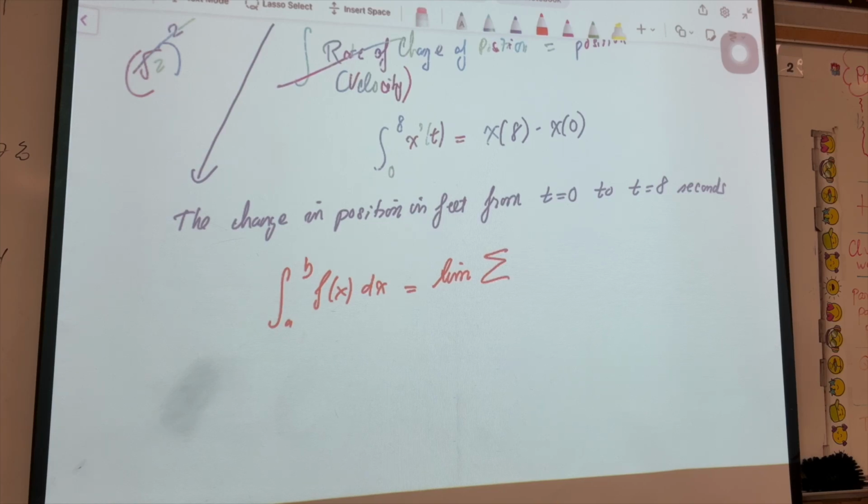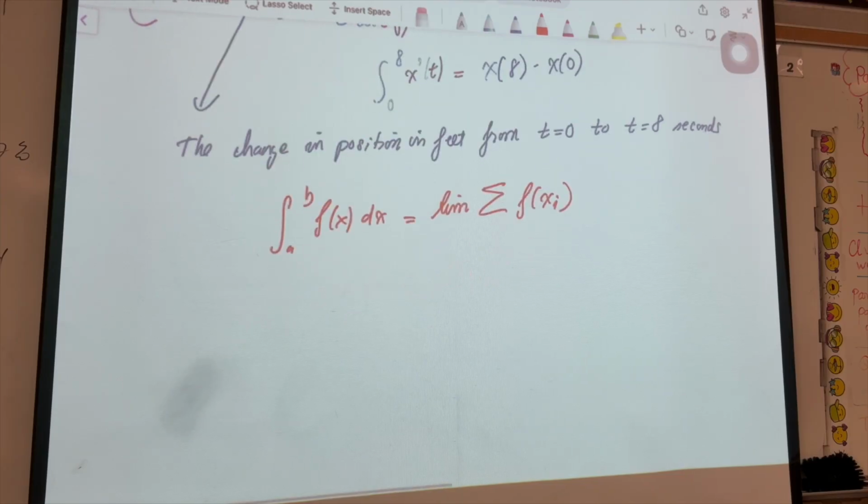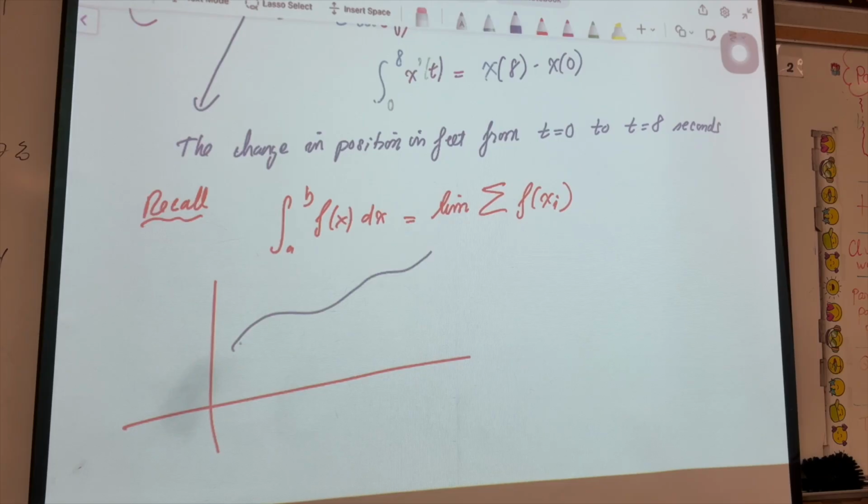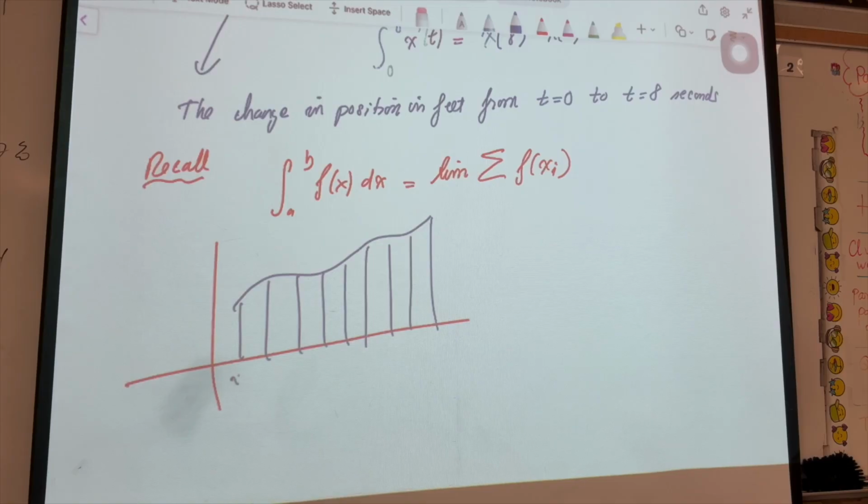Have you seen this? From where to where? Let's say I'm gonna do f of xi. Okay, let's say this is x1, x2, x3, xn. That's what we're gonna do to find the integral.